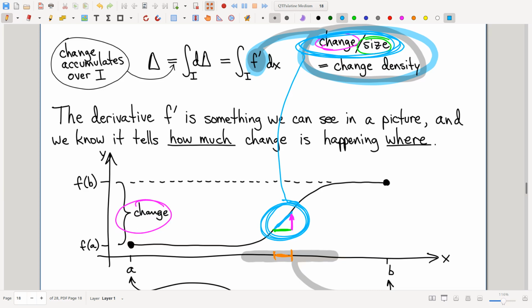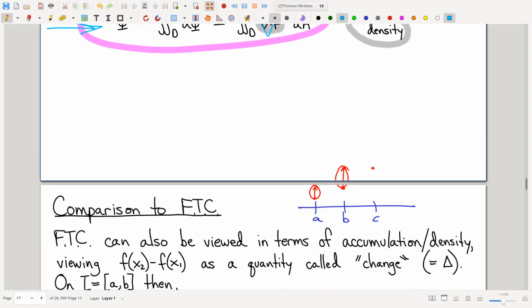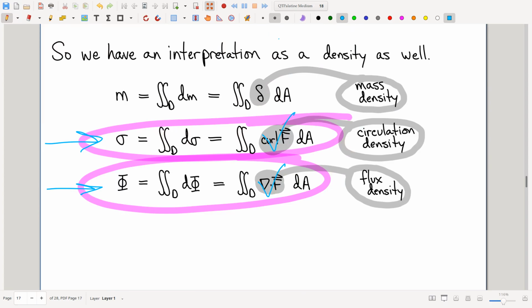Add to that list change density. The more you can get comfortable with the idea of the derivative being a change density, the more that's going to help you see the analogy and help you understand curl as being circulation density and divergence as being flux density. So please try to soak those in.